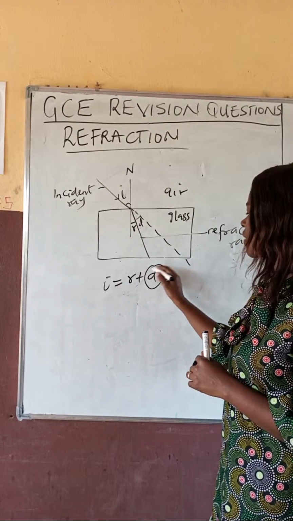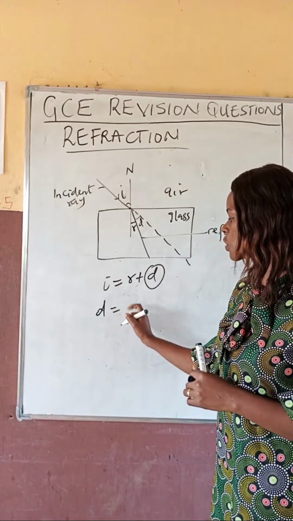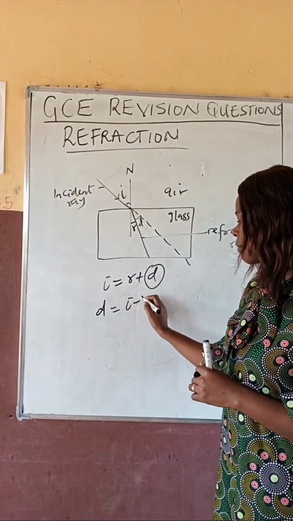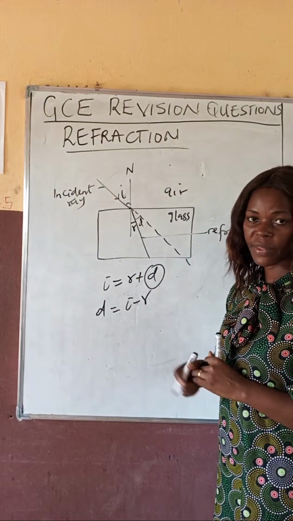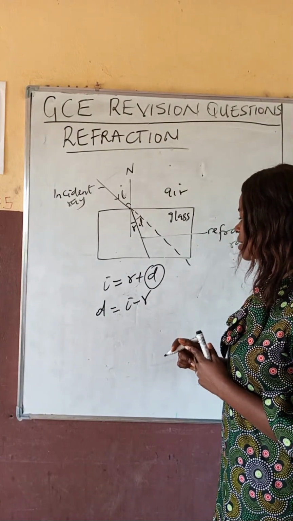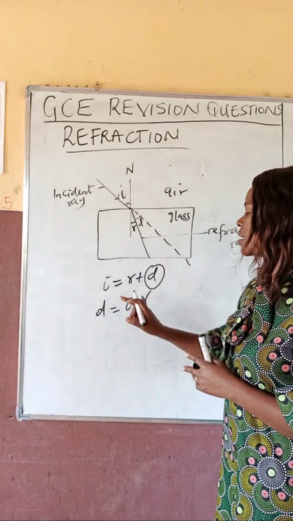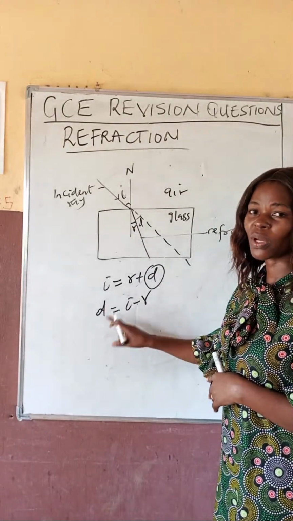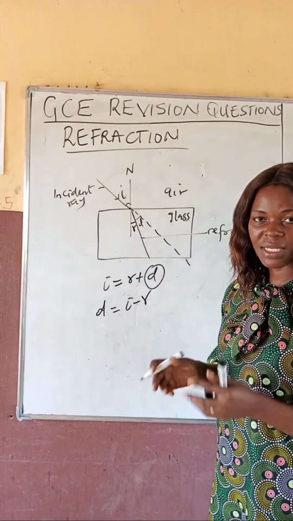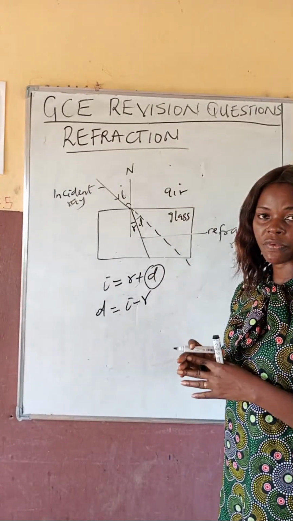If I'm asked to find the angle of deviation, I carry this R to the other side, so the angle of deviation is equal to I minus R. Is that clear? So for me to get the angle of deviation through this glass, angle of deviation D is equal to angle of incidence minus angle of refraction. Is that clear?